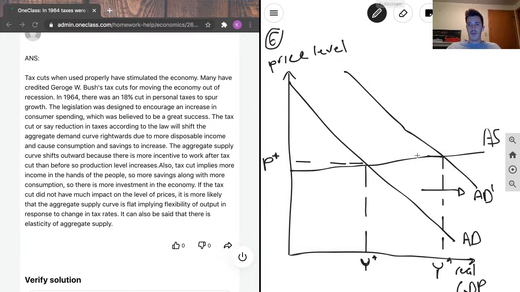However, with a flat curve, we're going to see a very small increase in the price level.